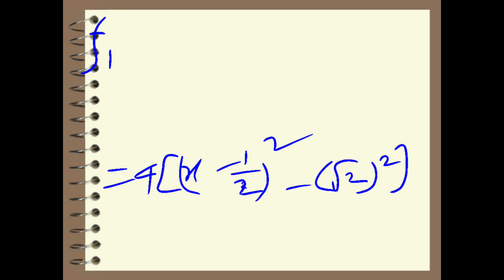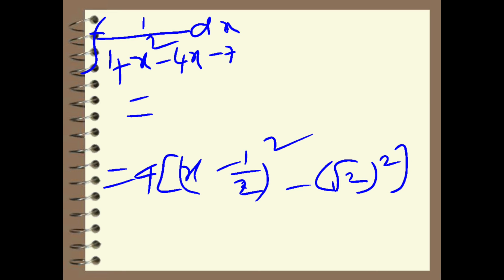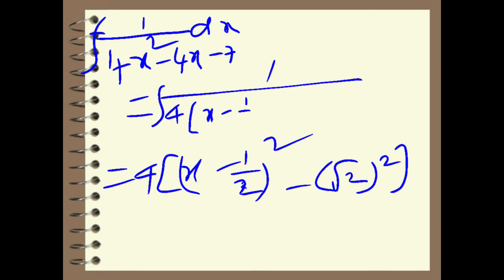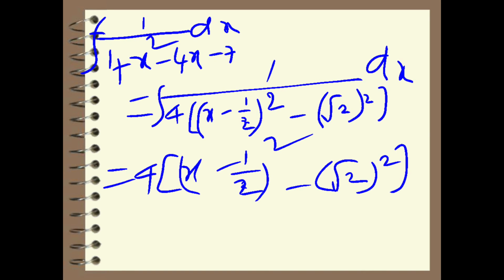Integration of 1 by 4x square minus 4x minus 7 into dx equal to integration of 1 by 4 of x minus 1 by 2 whole square minus root 2 whole square into dx.